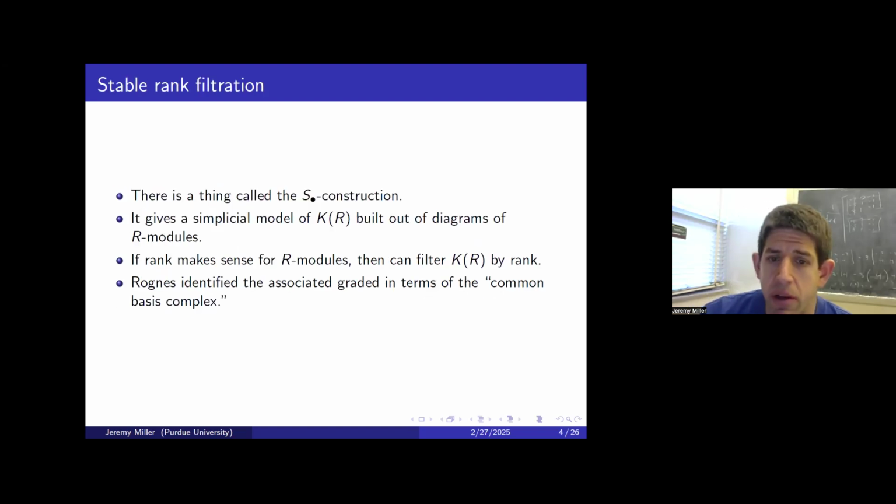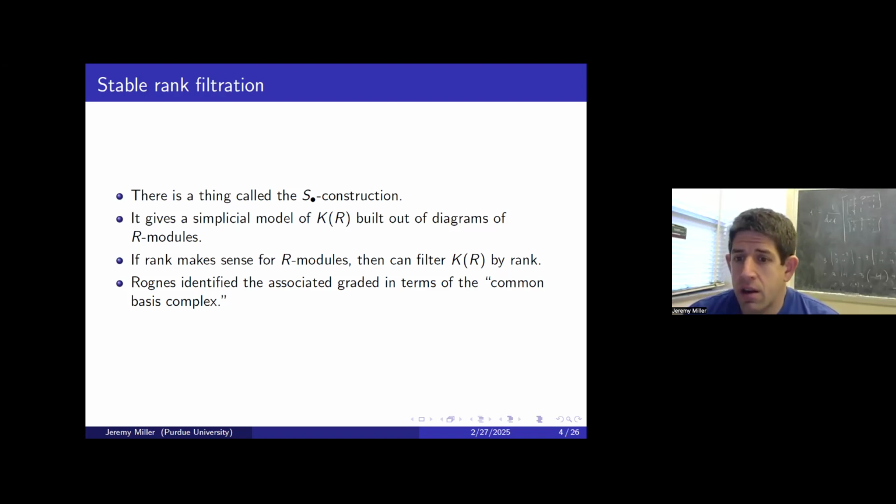Let me tell you roughly where the filtration comes from. There's a thing called the Waldhausen S-dot construction, and it gives you a model of algebraic K-theory built out of simplicial sets coming from diagrams of R-modules. Let's say R is a reasonable ring where you know what rank means, like maybe R is a PID.